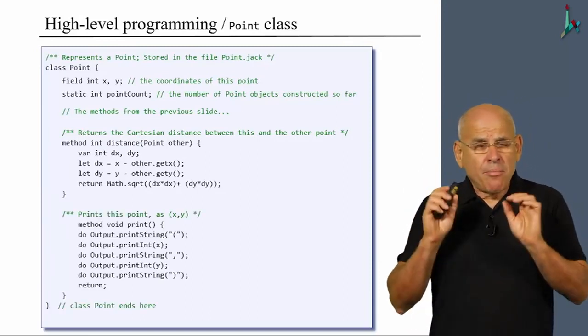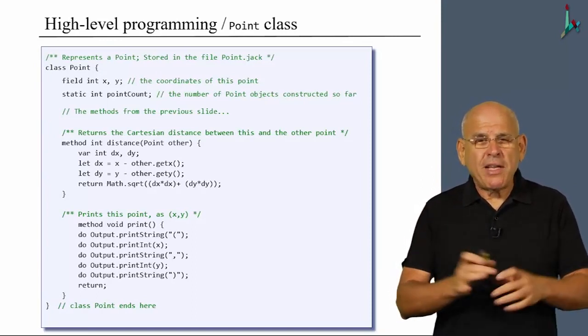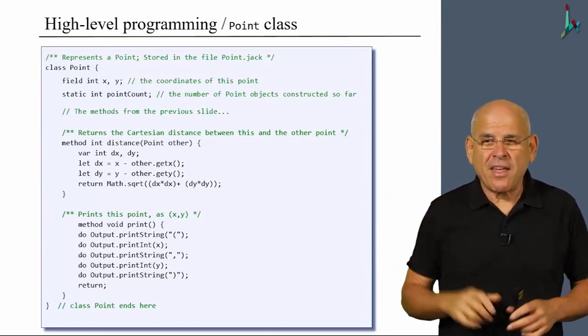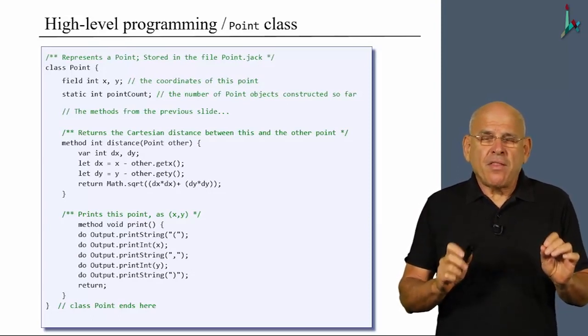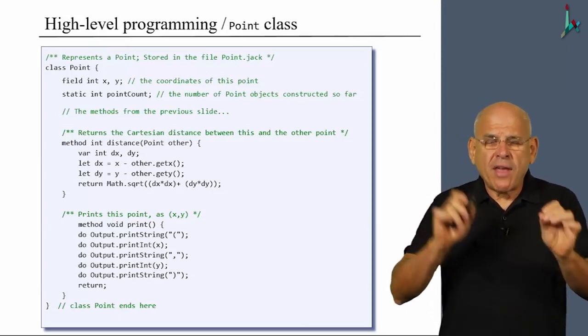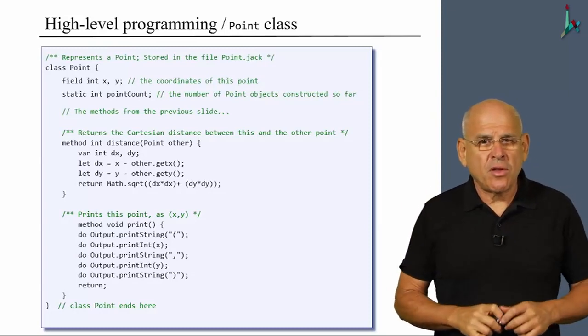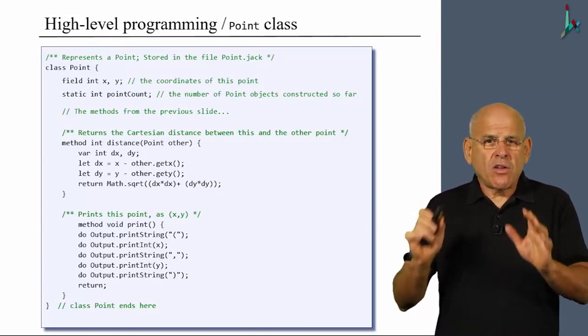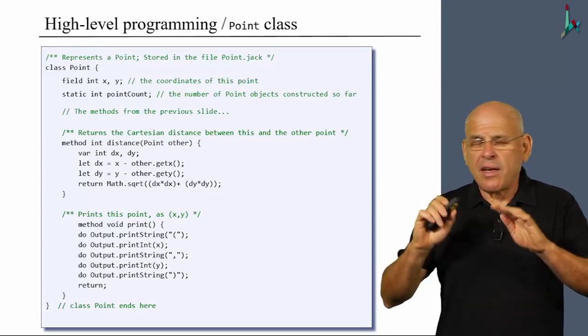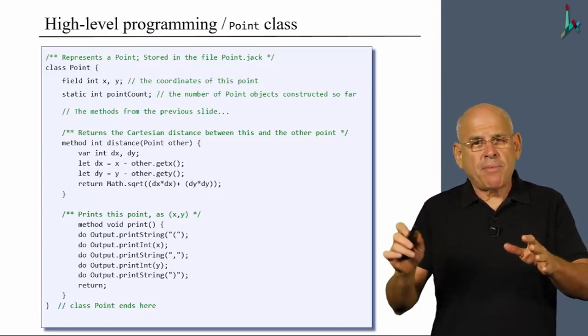Now, there's an important point that I'd like to make, so please look at me and not at the code. There is no point really in trying to get too much into the Point class, because the purpose of this unit is not to teach you Jack, and neither is it to teach you object-based programming.